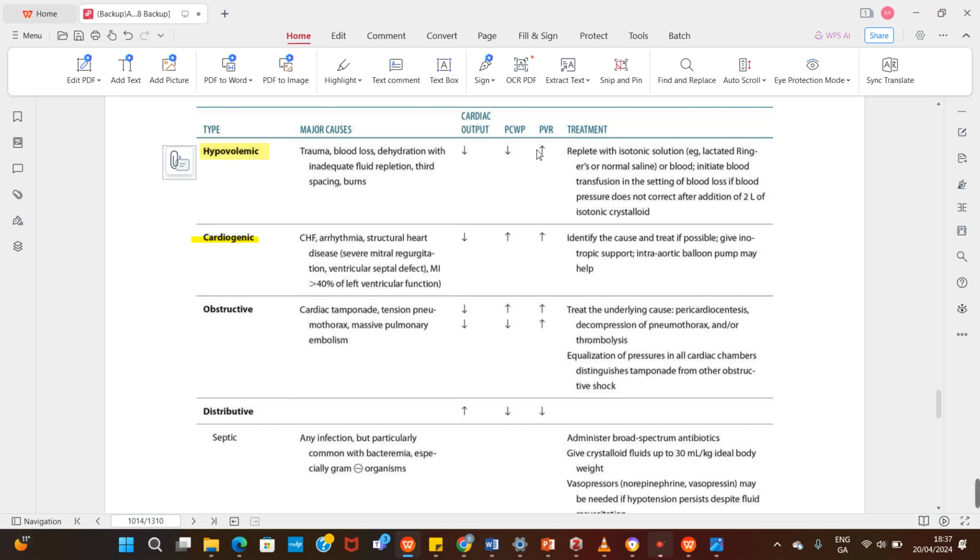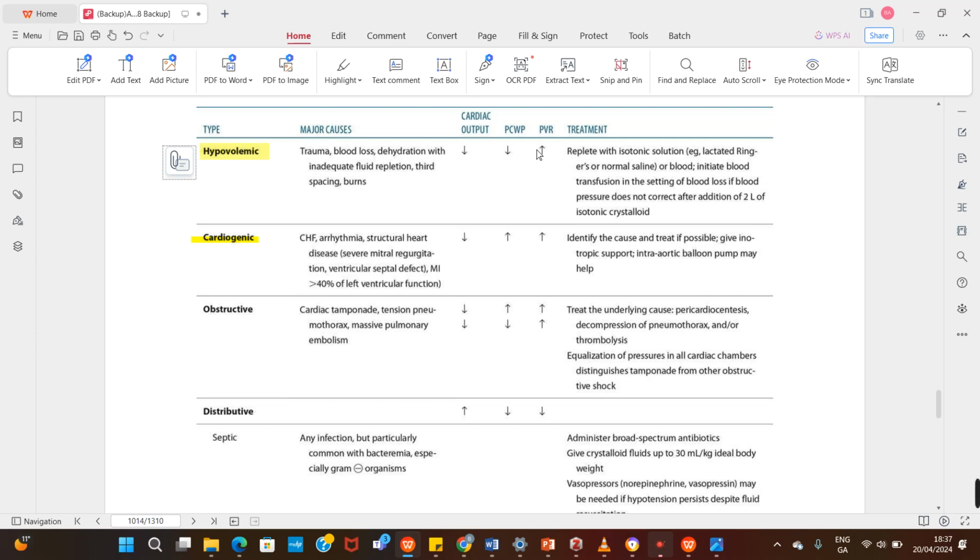It is going to bring about hypovolemic shock because it is going to reduce the effective circulatory blood volume, because effective circulatory blood volume is the amount of blood that is within the intravascular space. So we are not even talking about the one that is extravascular or within the third space. We are talking about the one that is intravascular, because that is the one that is going to get delivered to the tissues. So third spacing, like in intestinal obstruction, will definitely lead to hypovolemic shock.